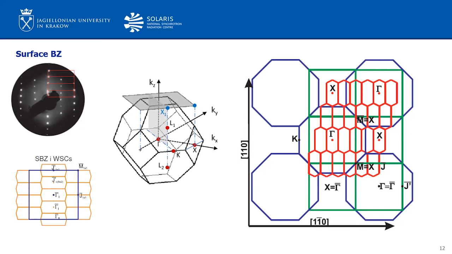Consequently, we also think about the surface Brillouin zones, which can complicate our problems. For example, here we have LEED measurements, where we can try to construct our primitive surface cells, and then configure our surface Brillouin zones.